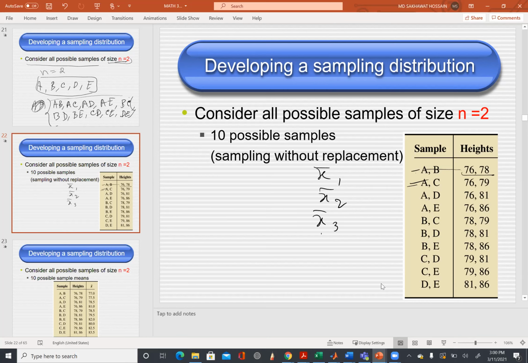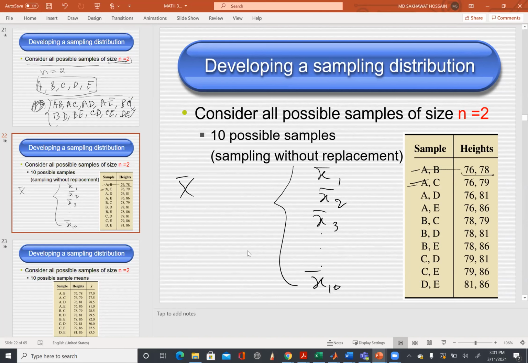We have a total of 10 samples, so for each sample we'll have a sample mean. How many means do we have now? We have 10 means here. So if x bar is our random variable, how many observations do we have for x bar? We have 10 observations, right?